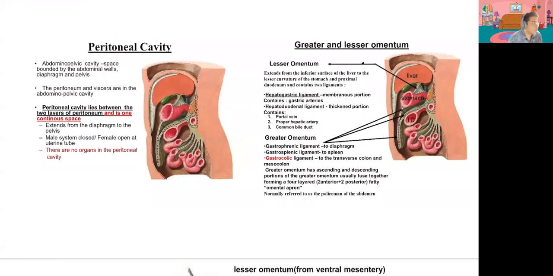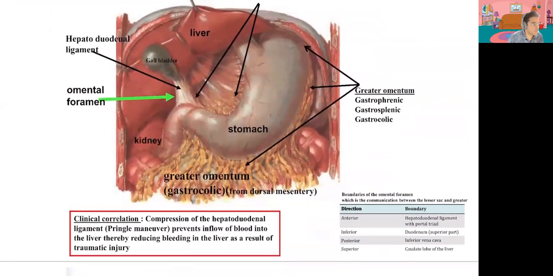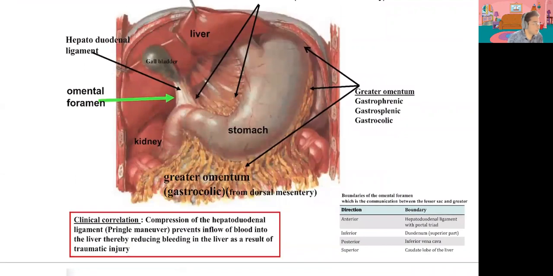Peritoneal cavity, because remember, this is essentially going to dictate a lot of the ways pathology or any disorder is going to present in terms of both ligaments and structures that could be affected, and how anything can travel from one part of the digestive system to the other. So let's go over this.